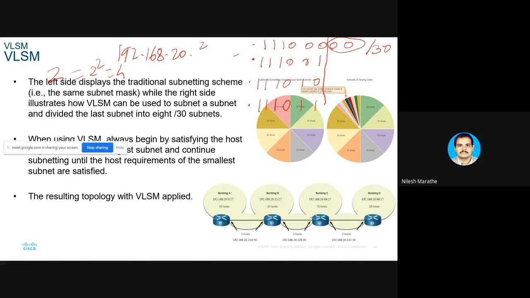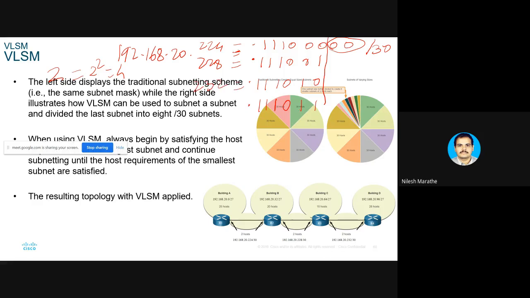The first is 224. Second, 224 plus 4, that is 228. This is 4, right? 2 raised to 0, 2 raised to 1, 2 raised to 2, that is 4. Then add 4 again, that is 232.